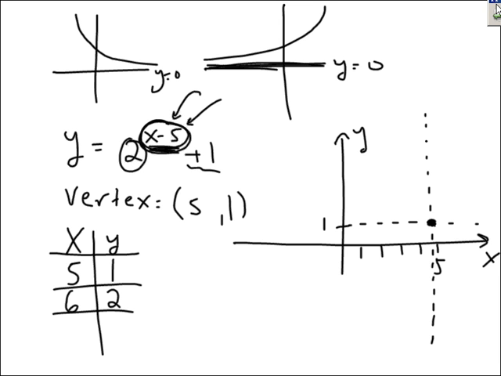Oh, excuse me, plus 1. 1 plus 1 is 2, 2 plus 1 is 3. We just found the values of that. But to get y, it says to add 1 more. So when x is 5, I'm at 2, I'm right here. And when x is 6, I'm at 3, right here.